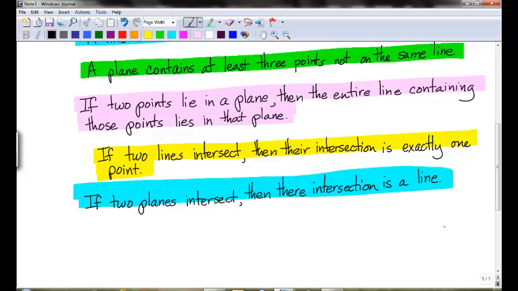Okay, remember we drew 2 planes intersecting. If I drew 2 planes intersecting, it would look something like this. Remember, if this is curved this way, this also has to be curved that way. And here's the intersection. Now this one, you would actually not see that back line. So here's the intersection right there. They intersect in a line. Okay, those are the postulates.